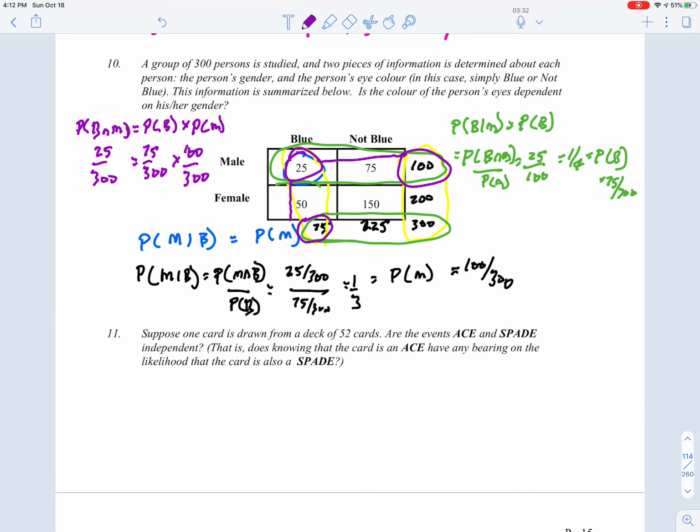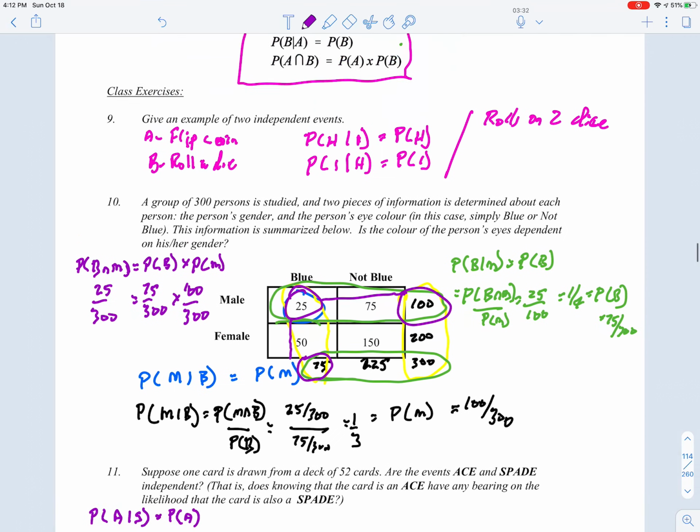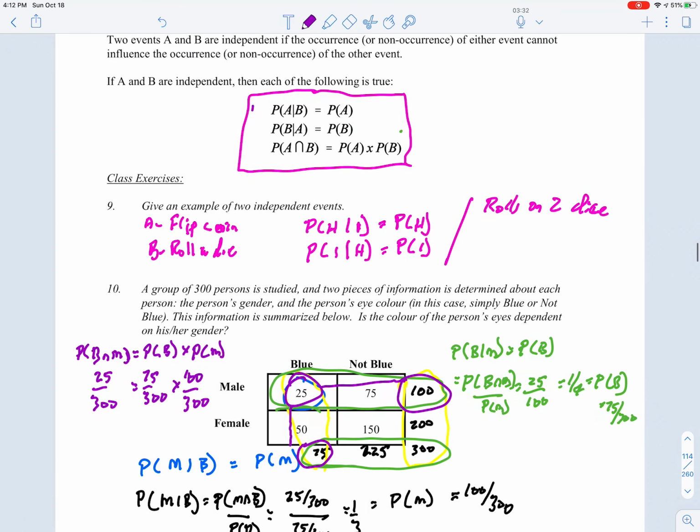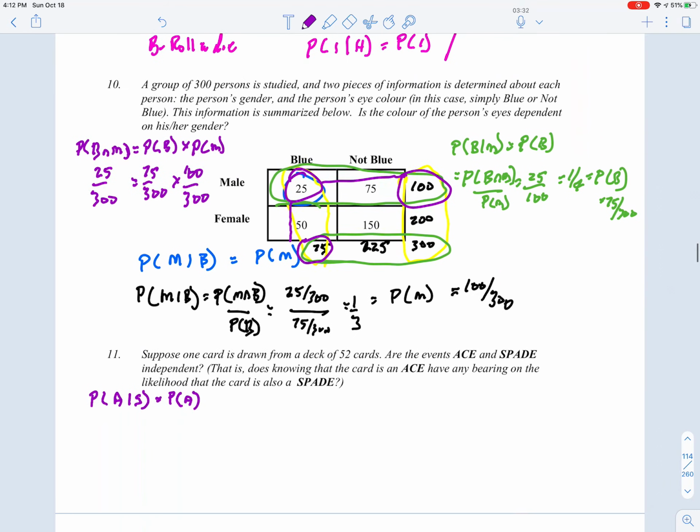I'm going to assume that you've done that. So let's take a look at three statements then. We're talking about ace and spade. So the probability of it being an ace, given that it's a spade, should be equal to the probability that it's an ace. That's that first axiom right here. I'm using an S instead of a B in this particular case.